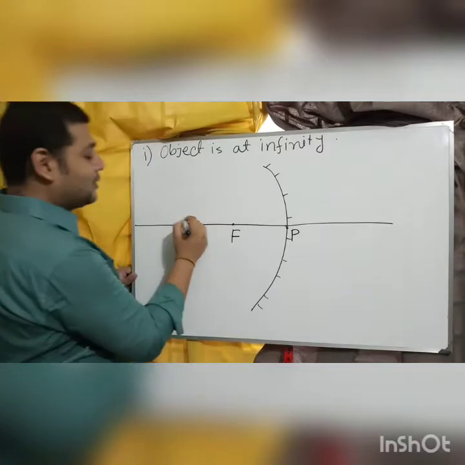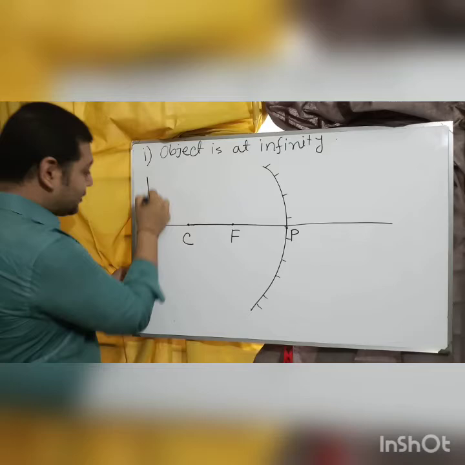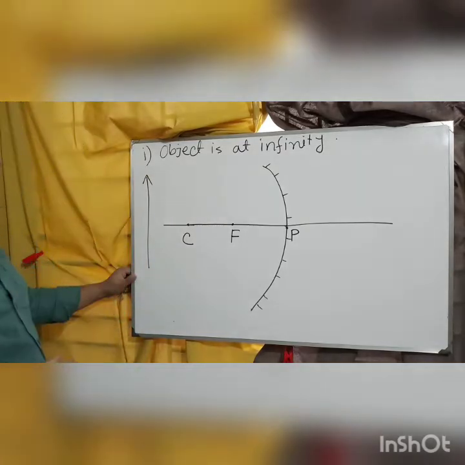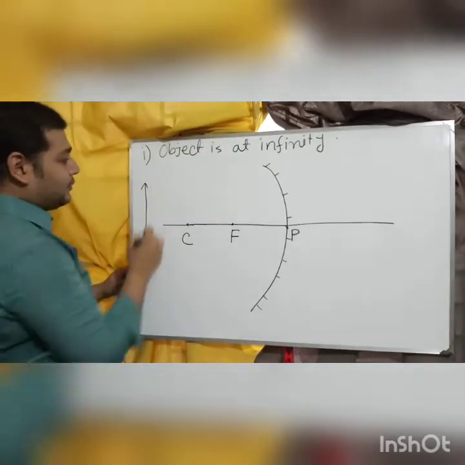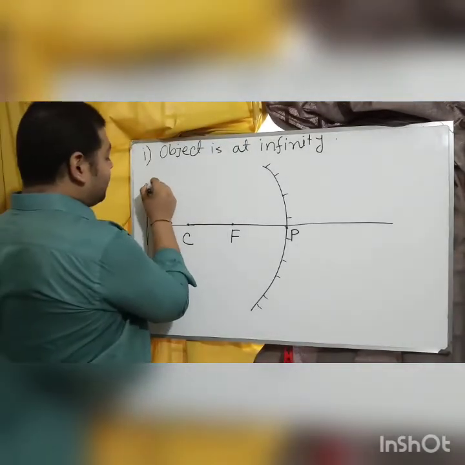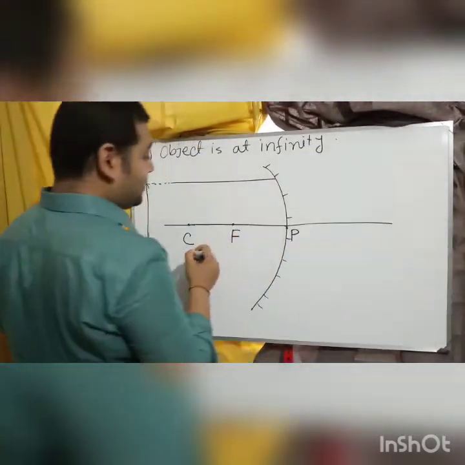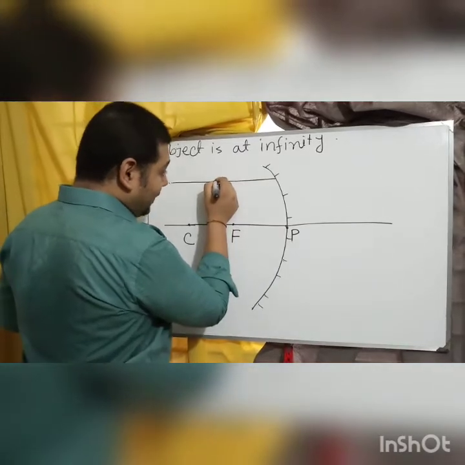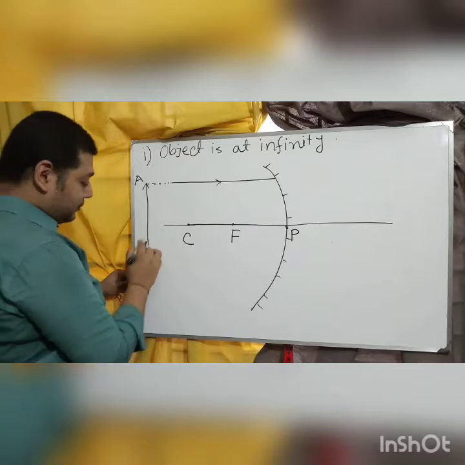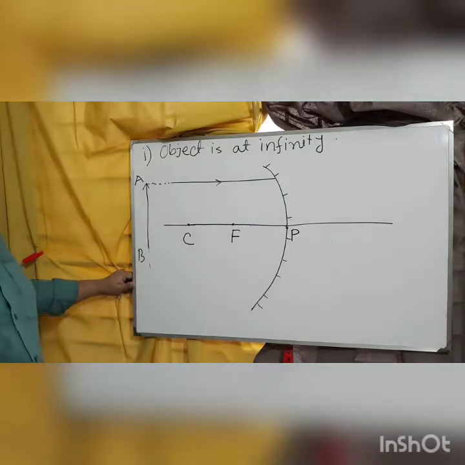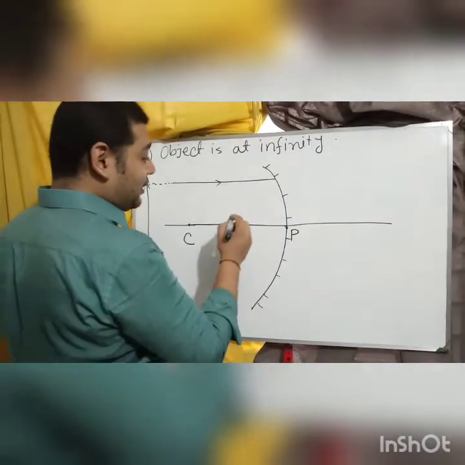In this case the object is at infinity. The dotted lines indicate the infinite position. Suppose AB is our object, which is situated at infinite position.